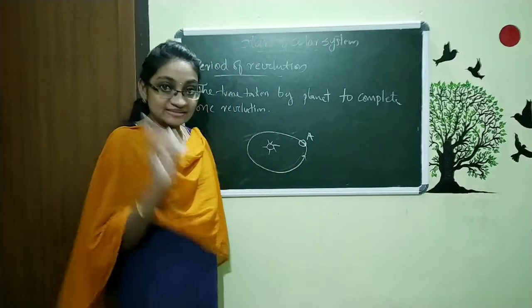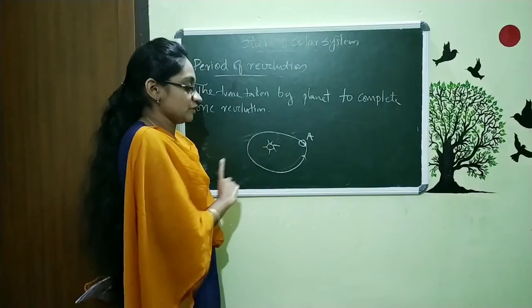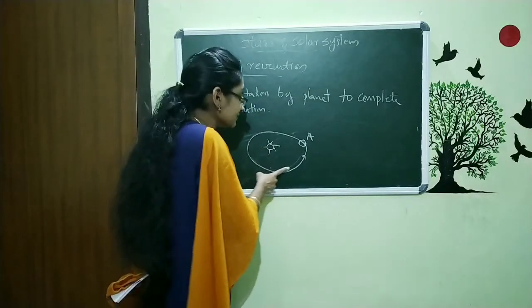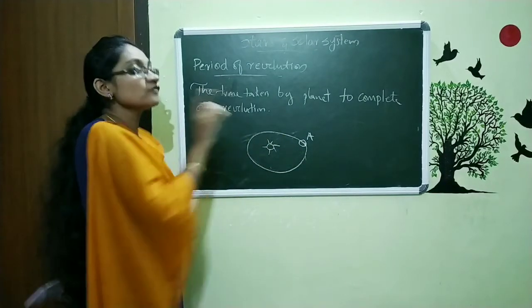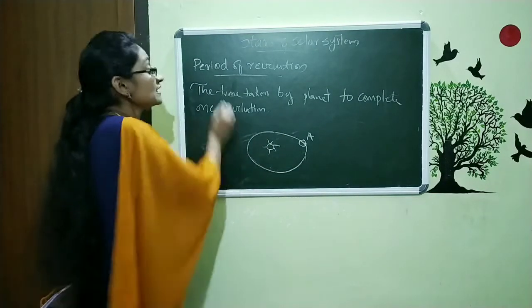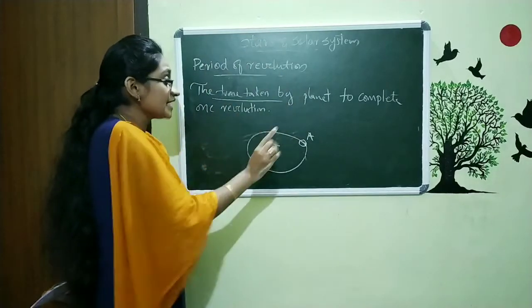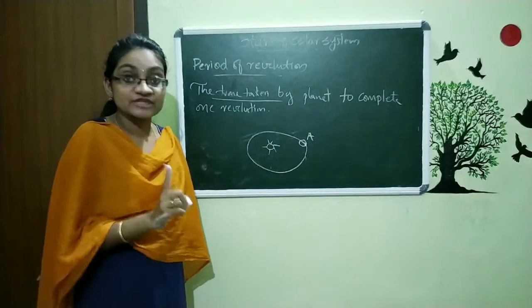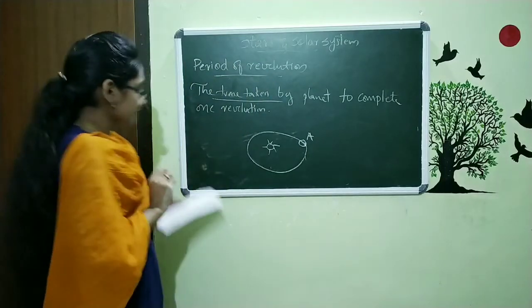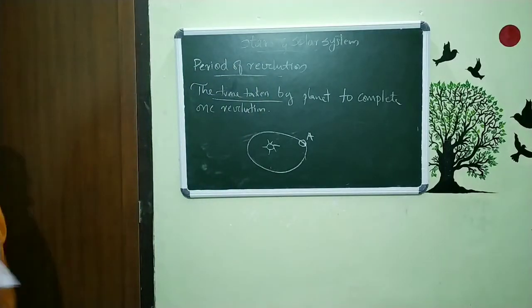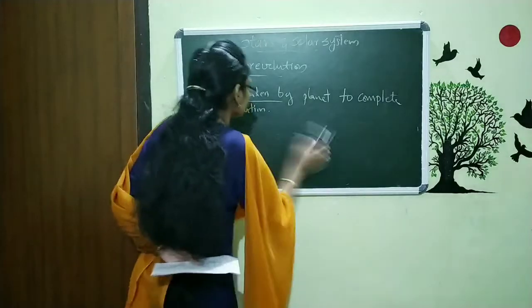Then we can say it has completed one full revolution. So, the time taken to complete this full revolution is what? Period of revolution. Very simple. That is, the time taken by the planet to complete one revolution is the period of revolution. I hope it's clear, and I will show you one thing.